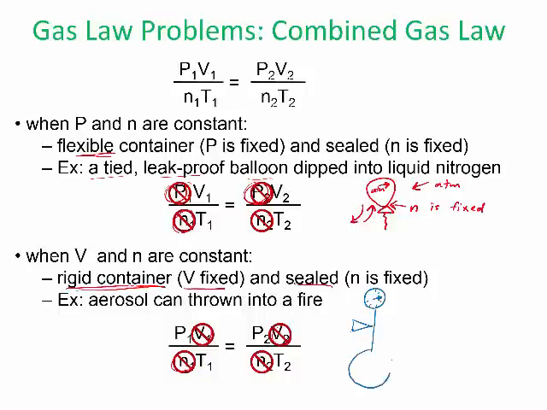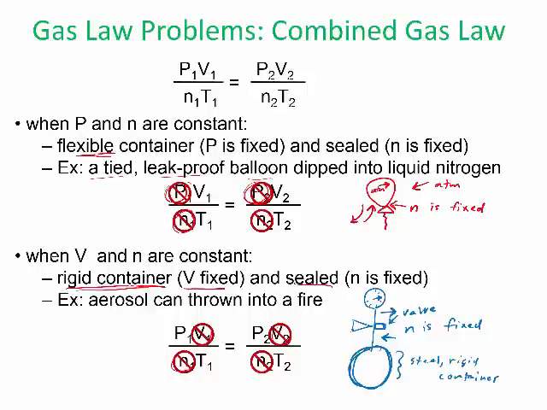Then there's this steel ball here, and right here is a valve, and N ends up being fixed because air cannot come out of here and air cannot get in. It's closed by this valve here. And then this is a steel rigid container which holds the gas that's being measured.